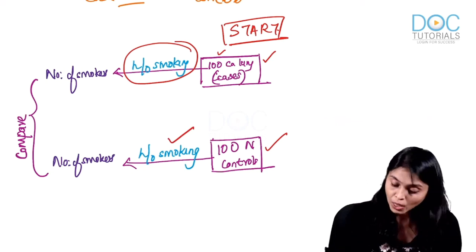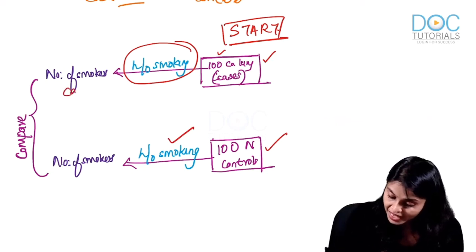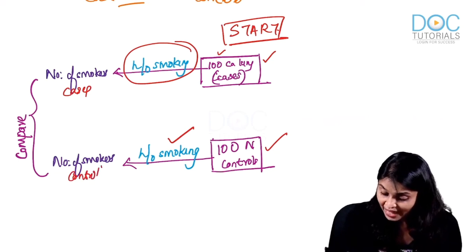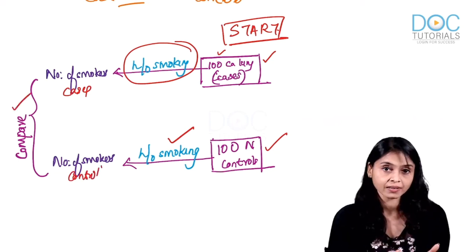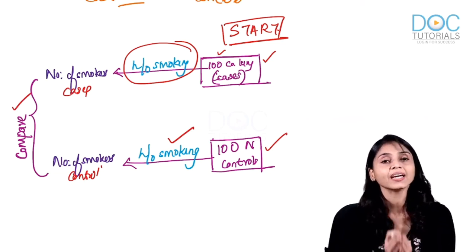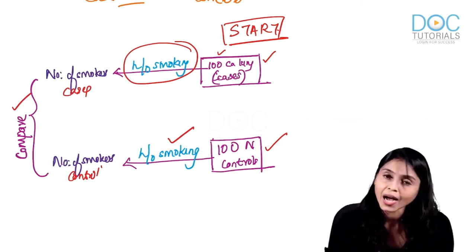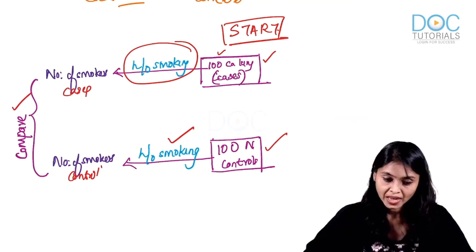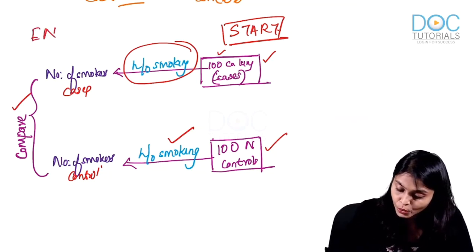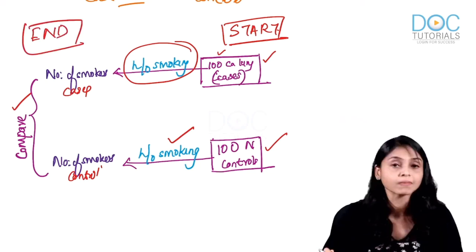Then I found out the number of smokers among my cases and the number of smokers among my controls. This difference in the exposure rate is what you are comparing in a case control study. Are you with me? That's it. So this is the start, and this is where you are ending the study.